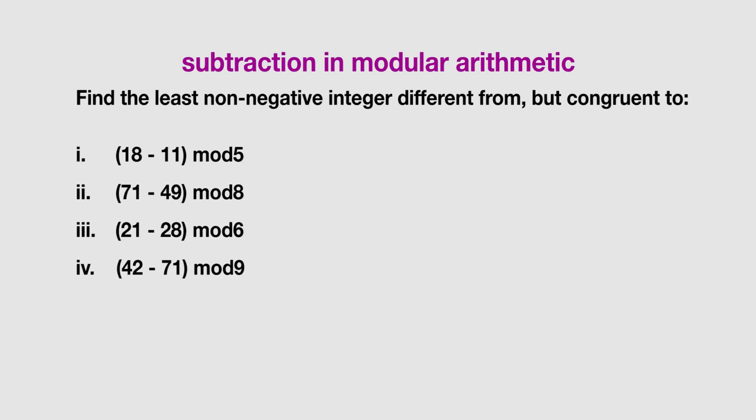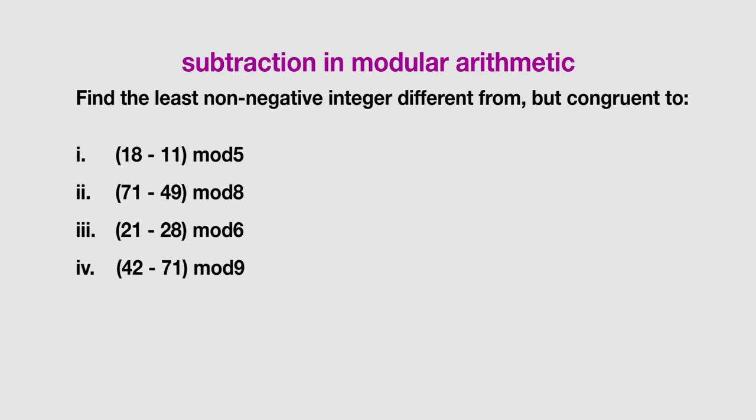And then 4, 42 minus 71 mod 9. We are going to take each of these cases one at a time, and then we'll work them. So first, we shall find the difference between the two numbers, and then we convert to the required mod.